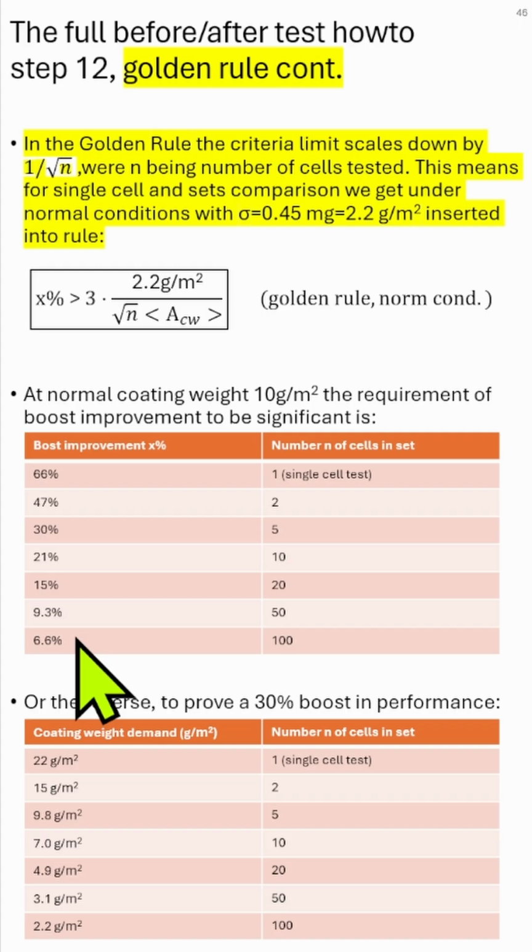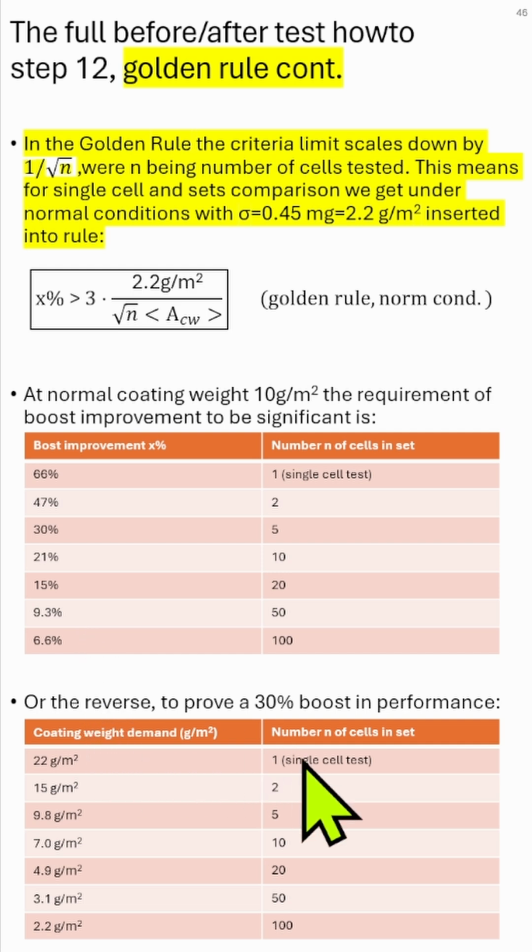But we can also reverse the equation of the golden rule and say that, let's say we have a 30% boost. We expect that. What would the coating weight then be as a function of the number of coins we're testing? So then it's the same thing.